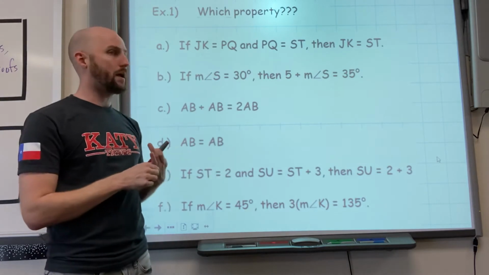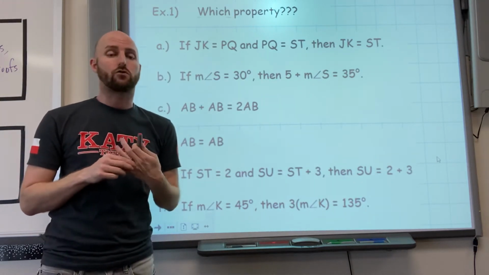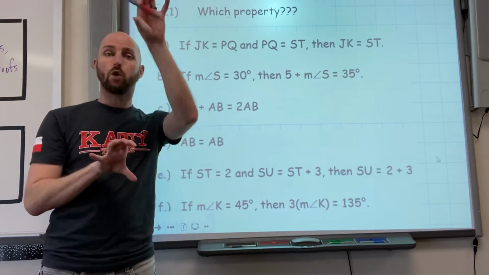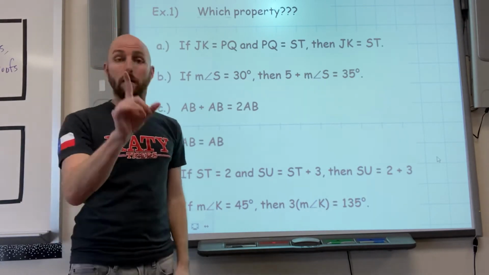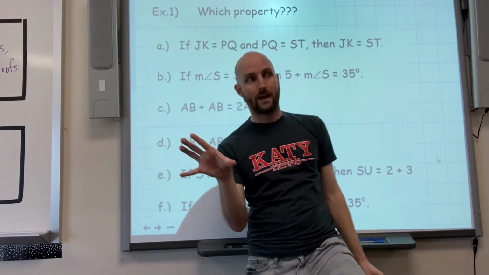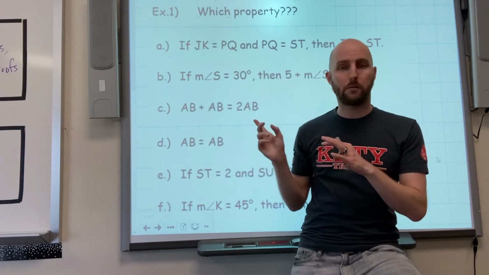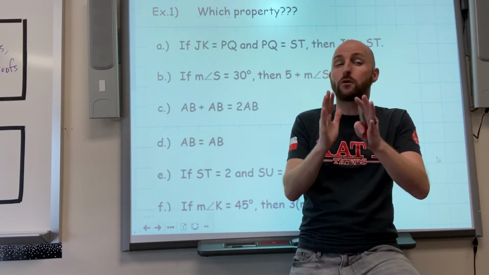The only other one that we haven't seen used yet today is substitution, and substitution is where I replace one piece with another piece. Sometimes there are questions where you could say it is transitive or substitution, and I'll show you an example where either one could work.